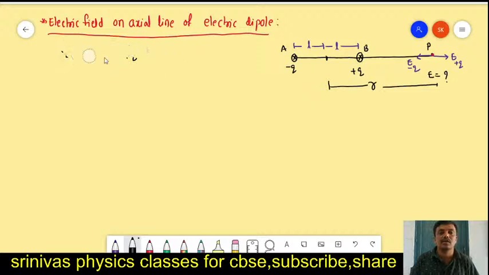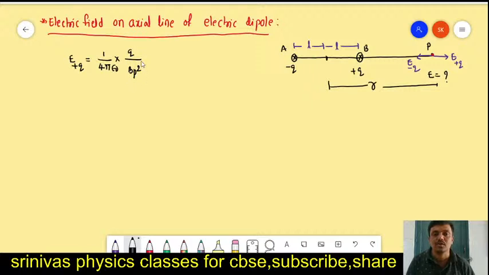The formula for the electric field due to a point charge is 1 by 4 pi epsilon naught into q by r square. Remember one thing: for the plus q charge, you should take the distance from point P. What is that? BP from the figure. So we have to take BP square.